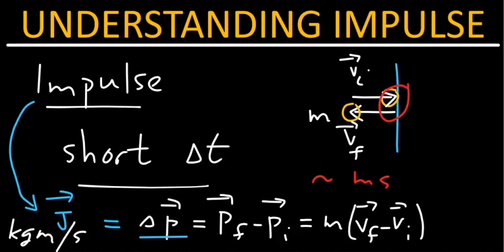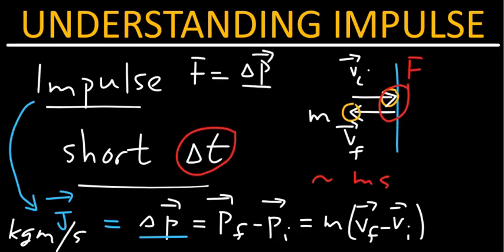Now let's take a closer look at what happens during the contact. During that very short amount of time, accompanying the change in momentum, some kind of force is being exerted on the ball by the wall. We know that because force is quite simply the change in momentum over the time interval.